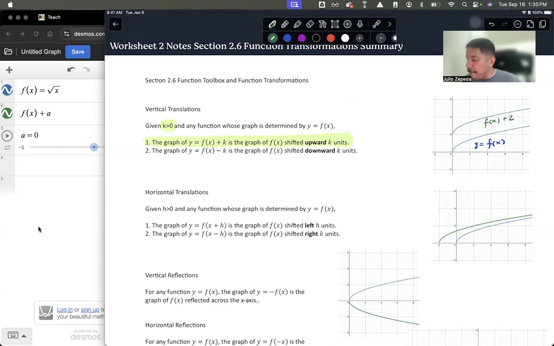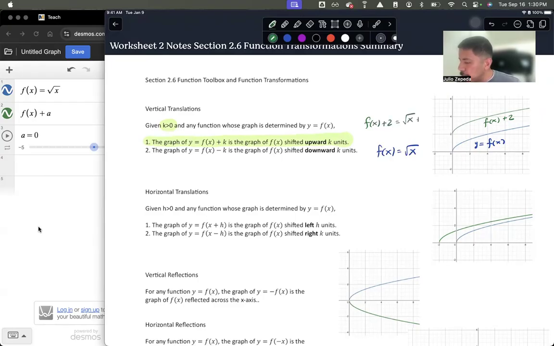So for example, the colors might be a little bit off here, but the original function is f of x equals the square root of x. That's what the square root function looks like. And then I graphed f of x plus 2, which is just the square root of x plus 2.